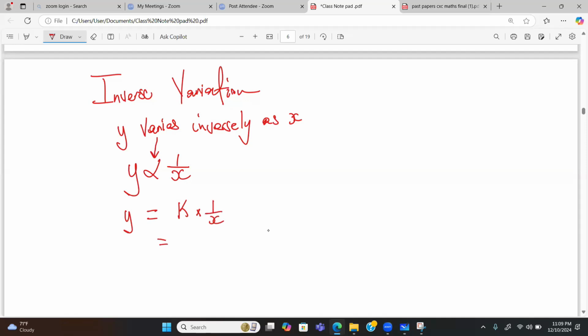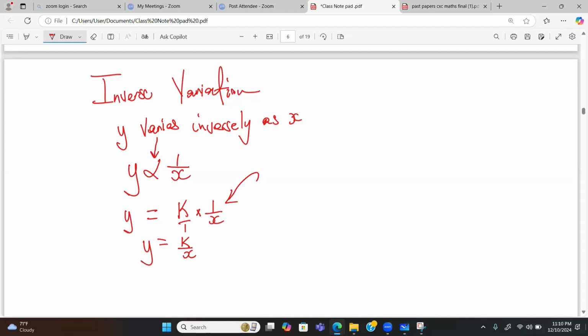So in the end, k is on top of the second variable, because the inverse means 1 over the second variable, so it becomes a denominator all the time. So when we're doing the inverse variation, the second variable will actually be in the denominator every time.